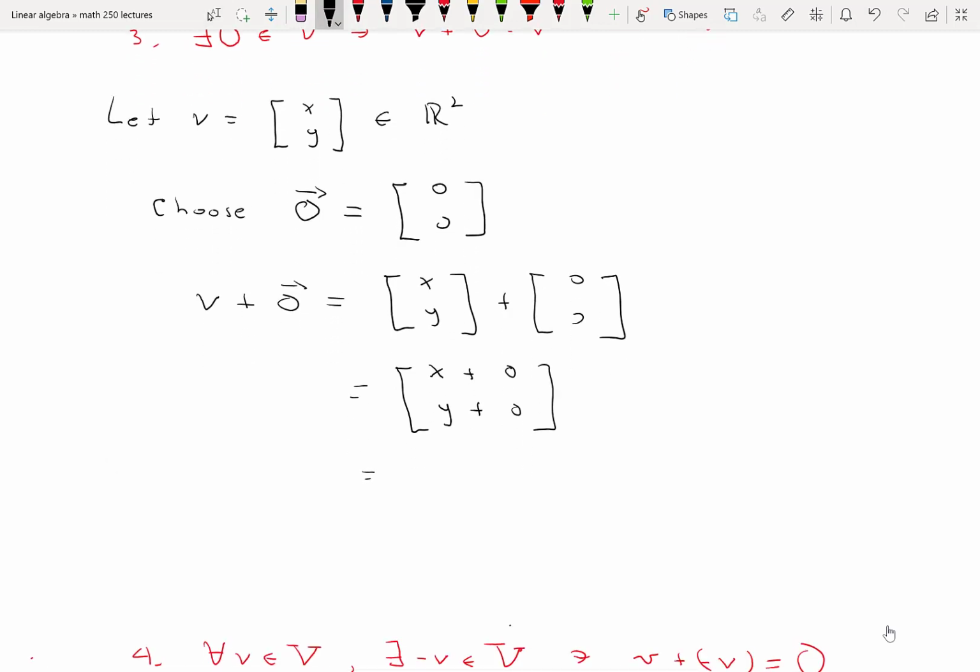We get to assume all the properties of real numbers. So x plus 0 is x, y plus 0 is y. I have shown that v plus 0 equals v. Done. I found a zero vector, and I defined it as the column vector 0, 0, and it works. So it is a zero vector.